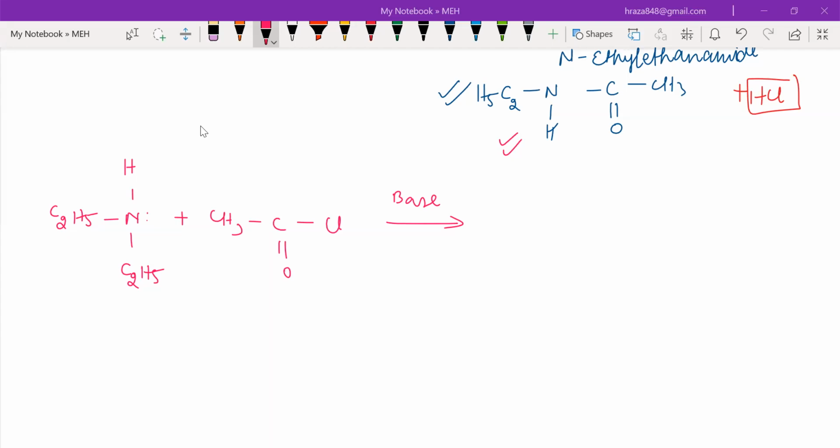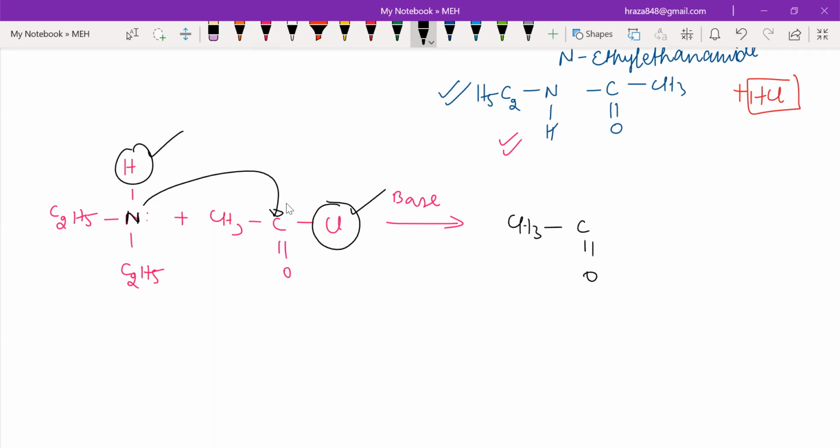Sir, it's the same like before, but below instead of H, it would be C2H5. This will together be eliminated and this will be here. So what will it be? Nitrogen makes a bond with this carbon and this nitrogen has two groups.